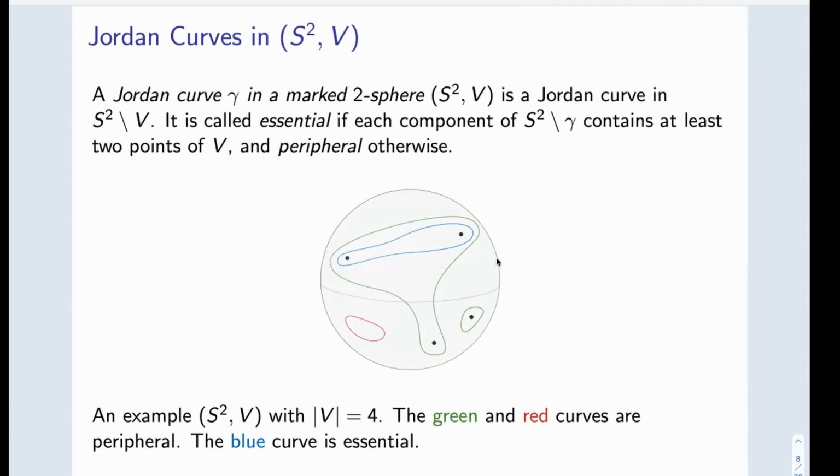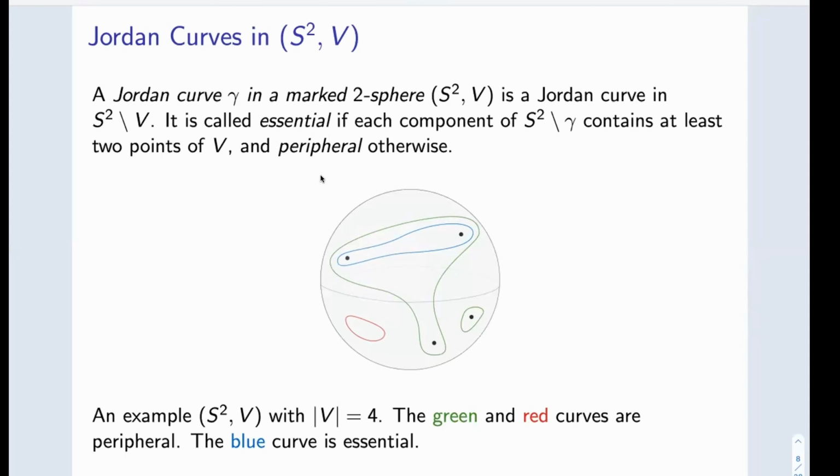So in this particular picture, I have 1, 2, 3, 4 points. And then we say that a Jordan curve, a simple closed curve, is going to be essential if it goes around at least 2 points in my marked set. And we're going to say that it's going to be peripheral otherwise.